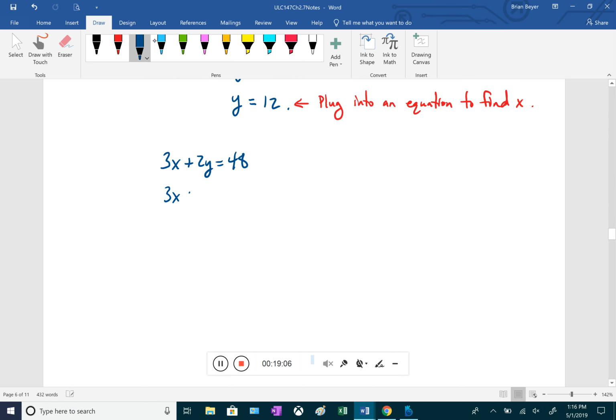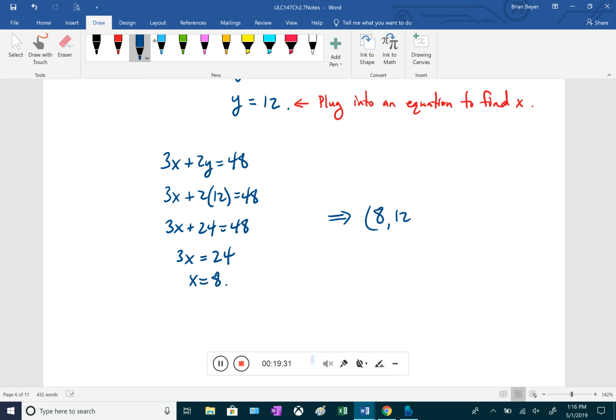So 3x plus 2 times 12 equals 48. That's going to give us 3x plus 24 equals 48. Subtract 24 on both sides. 48 minus 24 is 24. Divide both sides by 3. We get x equals 24 divided by 3, so we get x equals 8. So this gives us the ordered pair, 8, 12.